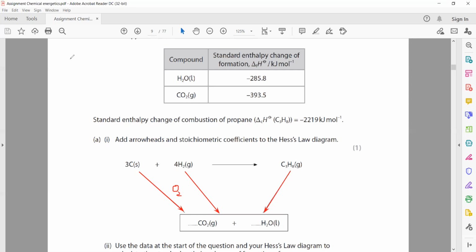we have C3H8 reacting with oxygen to give carbon dioxide and water. To balance the combustion equation, we start with carbon, followed by hydrogen, and oxygen at the last.